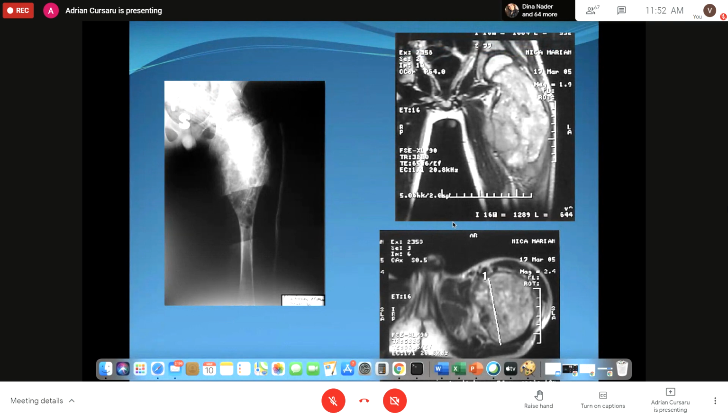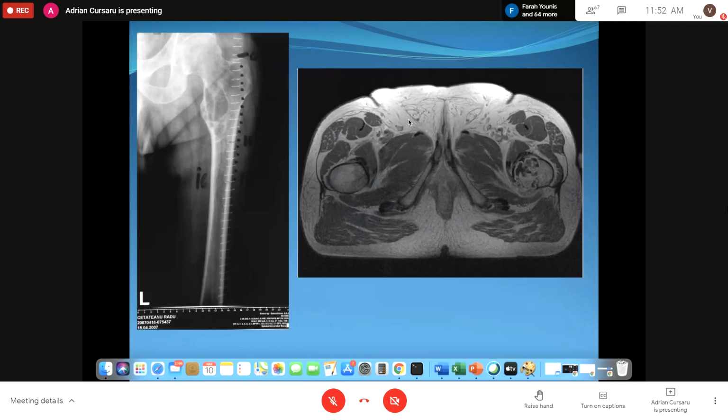That's an example for an MRI. That's an example for all the muscles that are here, from the gluteus, iliopsoas muscle, and all the muscles that have insertions on the proximal part of the femur that have a tumor invasion after chondrosarcoma. It is very important to make that kind of images.